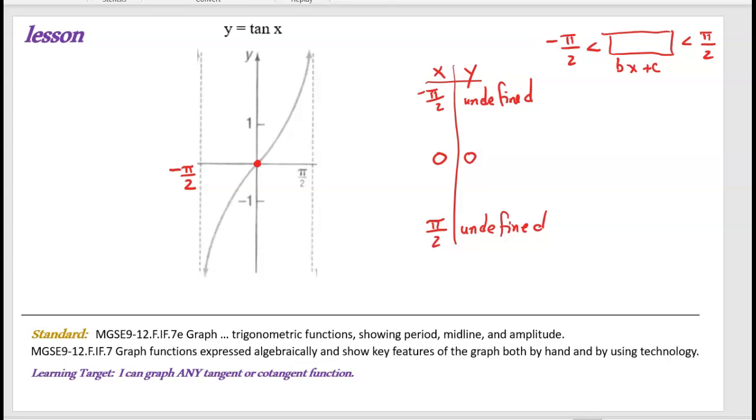Sine and cosine were defined everywhere, so they were defined at this left boundary and this right boundary. Tangent is not, and cotangent is not. So you have undefined values. So I want all x values that are greater than this, because x can't be this, undefined, and less than pi over 2.